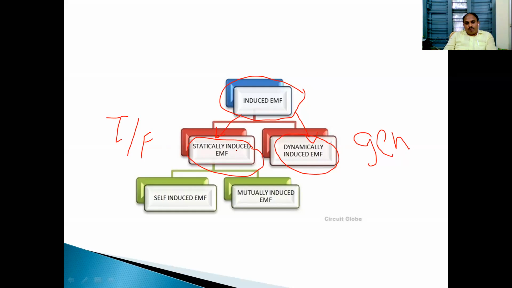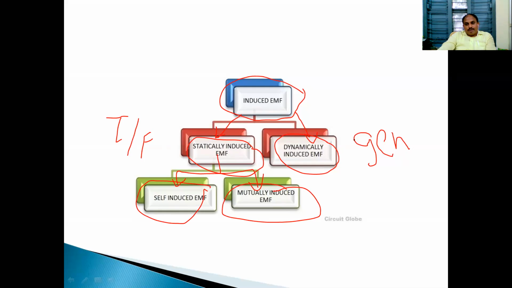In a generator, there are moving parts. In a transformer, there are no moving parts; all are stationary parts. Statically induced EMF is further classified into two types: self-induced EMF and mutually induced EMF.